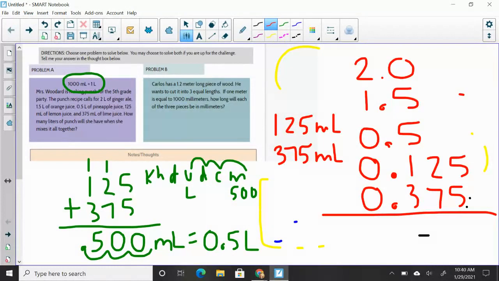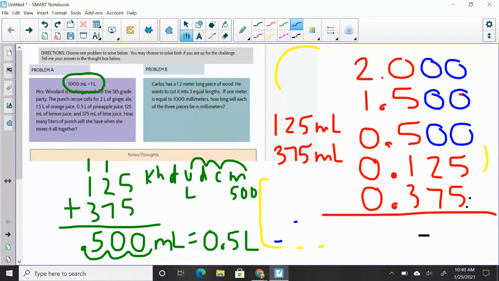And then from here, you can add your zeros if you wanted. And then you would simply just add it all together.